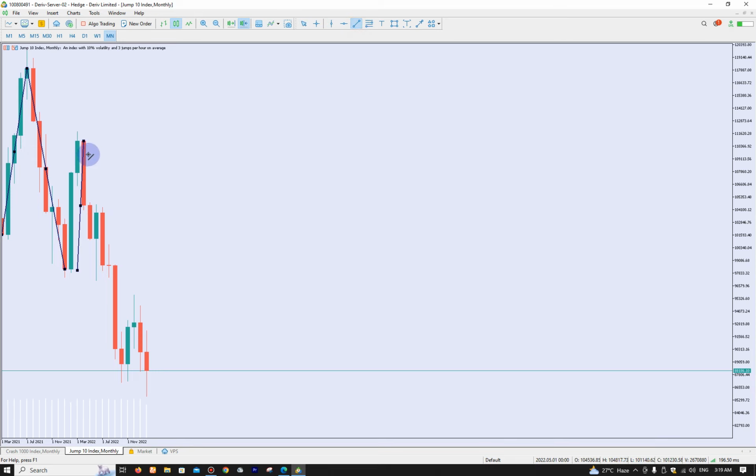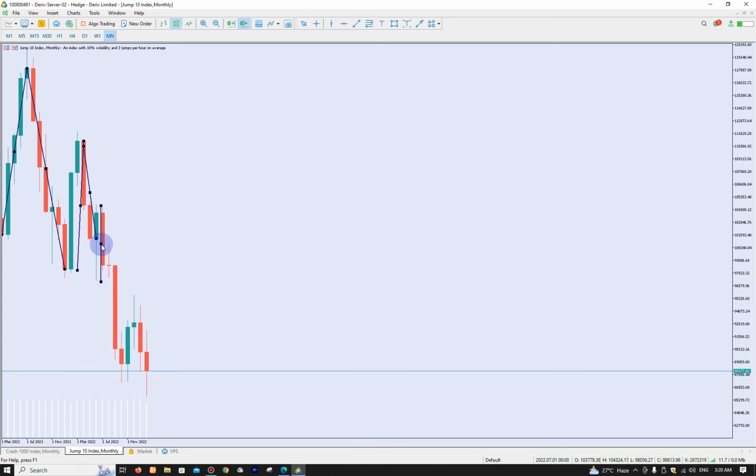Price tried to do a correction, and it kept falling. It tried to do a correction again. These are monthly candles, understand? Price tried to do a correction, and what do we have?